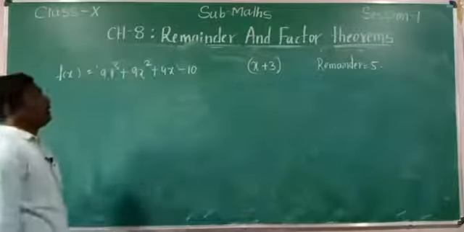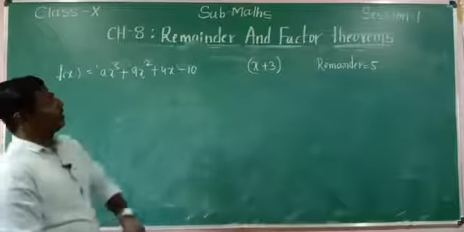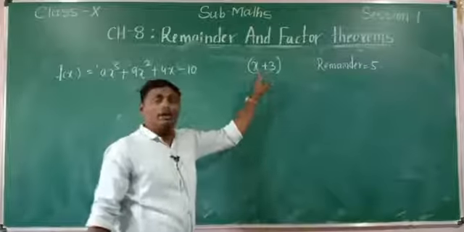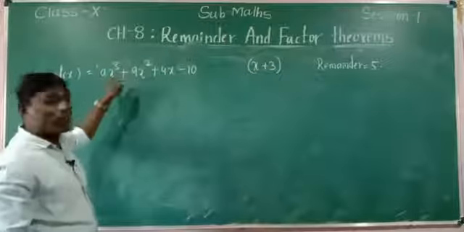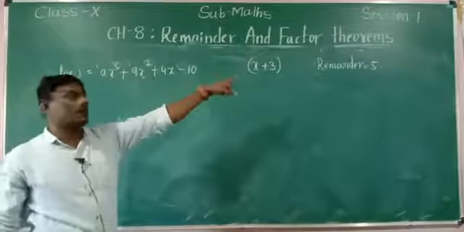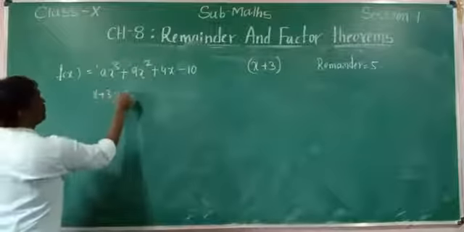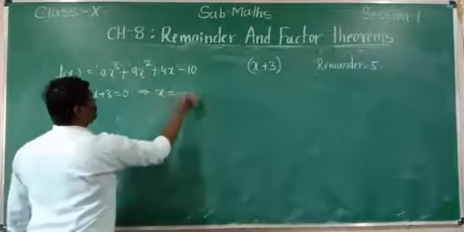Okay, so when I am dividing the whole expression by x plus 3, I will get a remainder 5. So x plus 3 is equal to 0. If x plus 3 is equal to 0, find the x value. x is equal to minus 3.